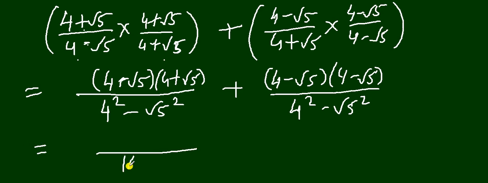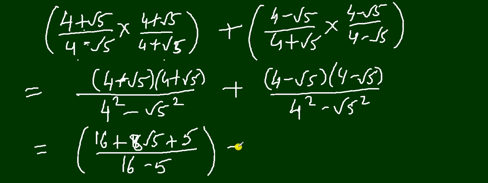It will be 16 minus 5. Okay. And here, if you expand these two together, or you can even use the identity, I will get a square plus 2ab, which is 2 times 4 times root 5, that is 8 root 5, and then a 5 which is root 5 square.